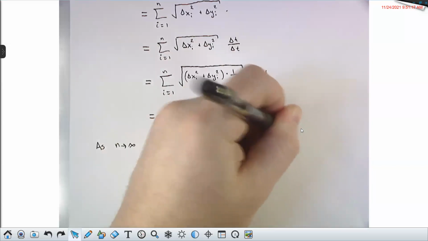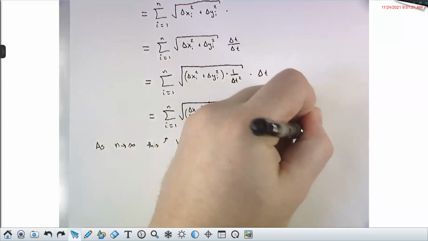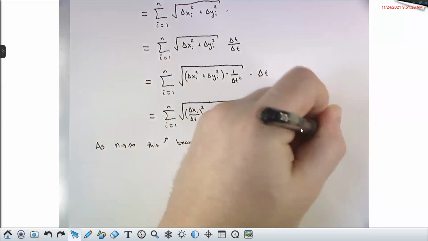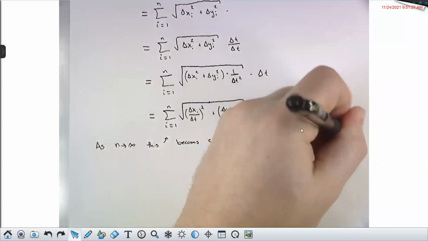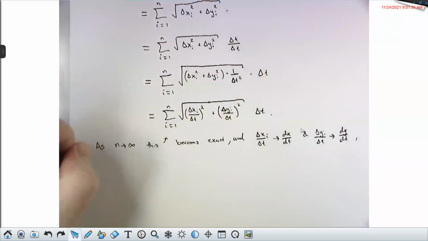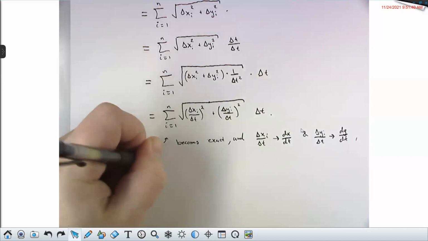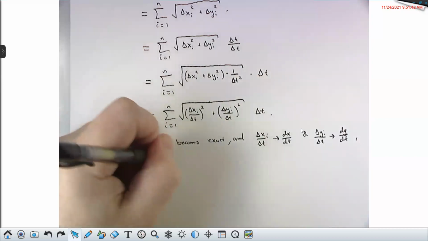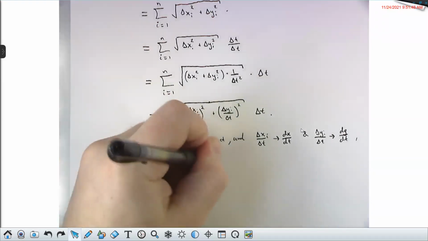This becomes dx dt, and delta yi over delta t becomes dy dt. And finally, the sum above, which is a Riemann sum, becomes an integral.